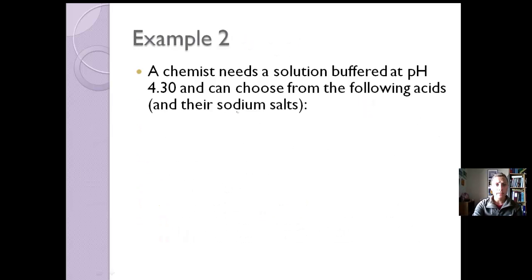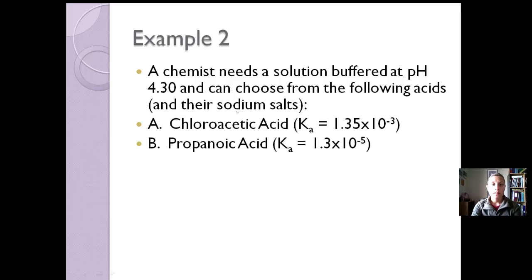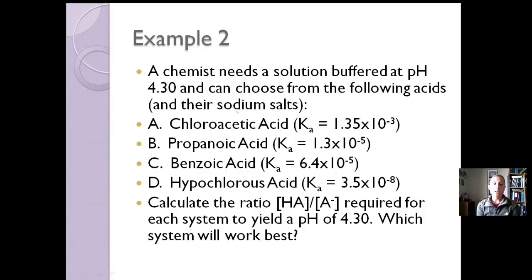Well, let's look at another example. Okay, so a chemist needs a solution buffered at a pH of 4.30, and we've got 4 acids to choose from. So we want to calculate the ratio required for each system to yield a pH of 4.3. We want to know which system is going to work best. Okay, well, there's 2 ways we can go about this.